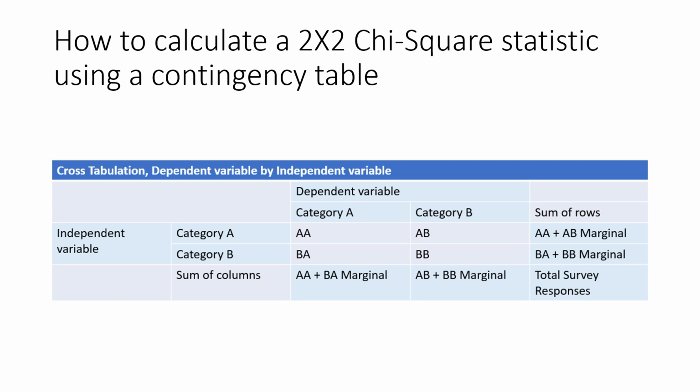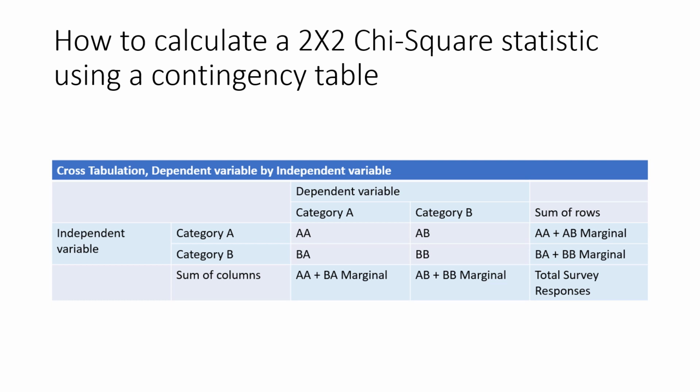Now, you can use nominal variables in a chi-square test. Both can be nominal. You can also use ordinal variables, as long as there are not too many categories. But I think for beginners, it probably makes sense to look at a simple 2x2 contingency table to think about how to calculate a chi-square test.